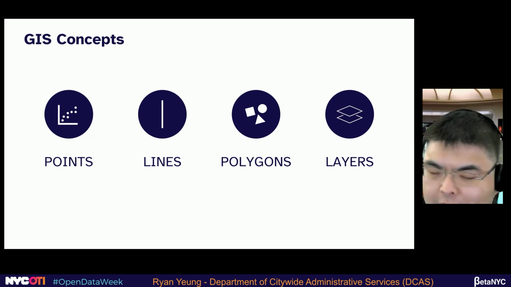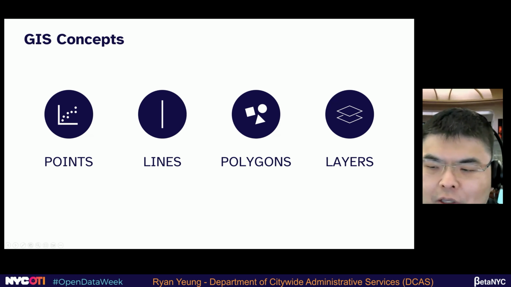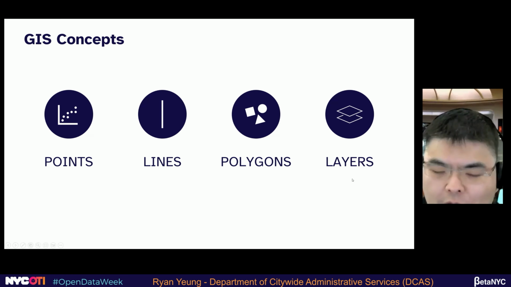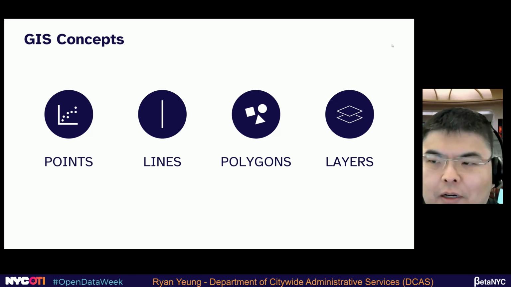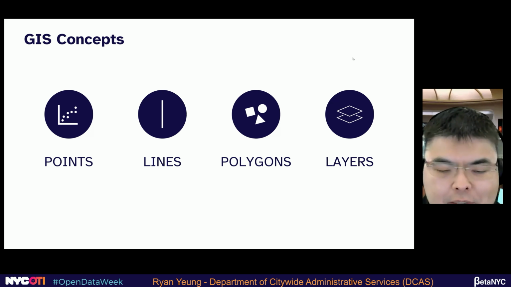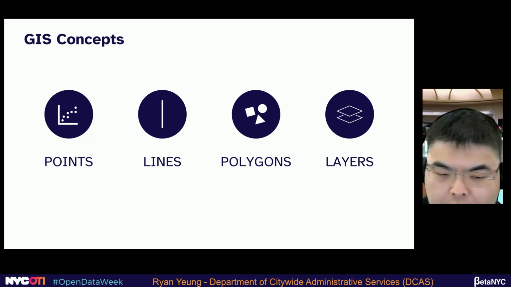So you can't have a point and a polygon in the same layer. Another way to think of layers is as cross sections. If you're familiar with Photoshop, it's similar to layers in Photoshop. If I was making a map of Manhattan and I had the world's largest razor blade, and I could only shave off the buildings, that would be a layer.